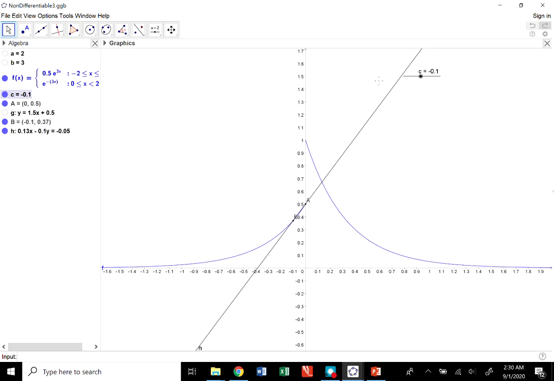In the sense, the tangent is nicely defined. It's got a nice slope to it. But it's the right side that created a problem. And so once again, because the left tangent and the right tangent are not the same, the function is not even differentiable there.